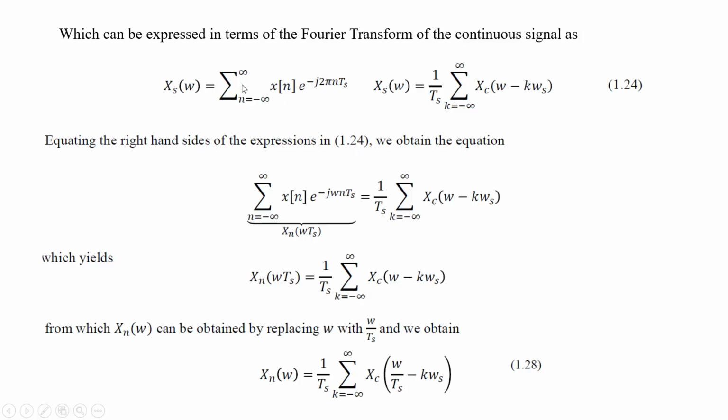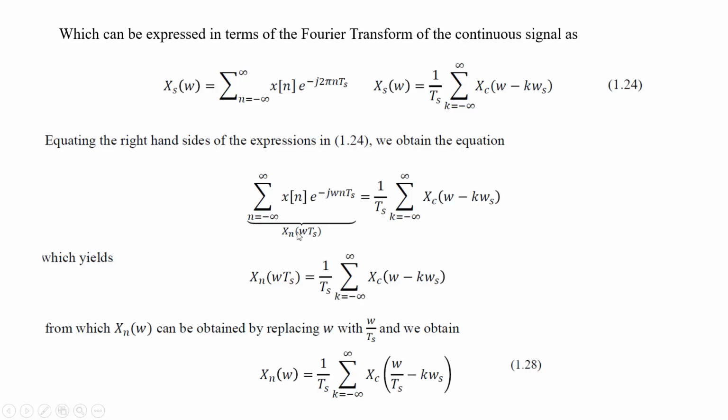Now, if we equate the right hand side of both the equations, what we get is this equation: sigma n going from minus infinity to infinity, x[n] e to the power minus j w n Ts equals, we will bring this term here, 1 over Ts sigma k going from minus infinity to infinity, Xc of this value.